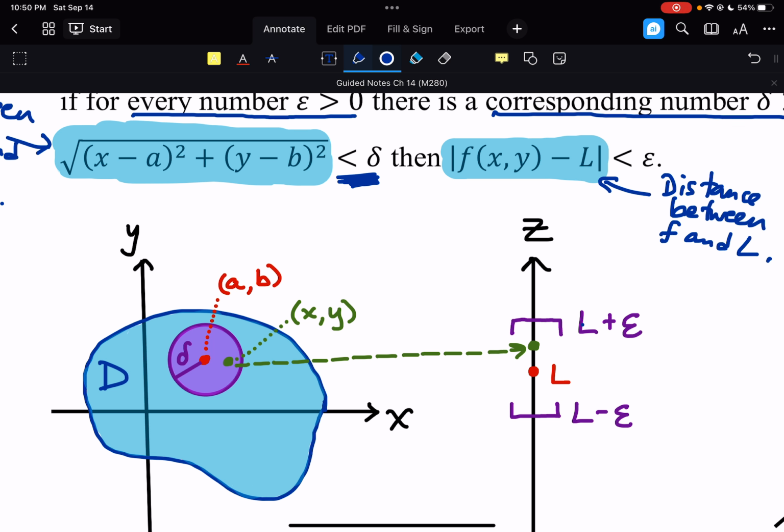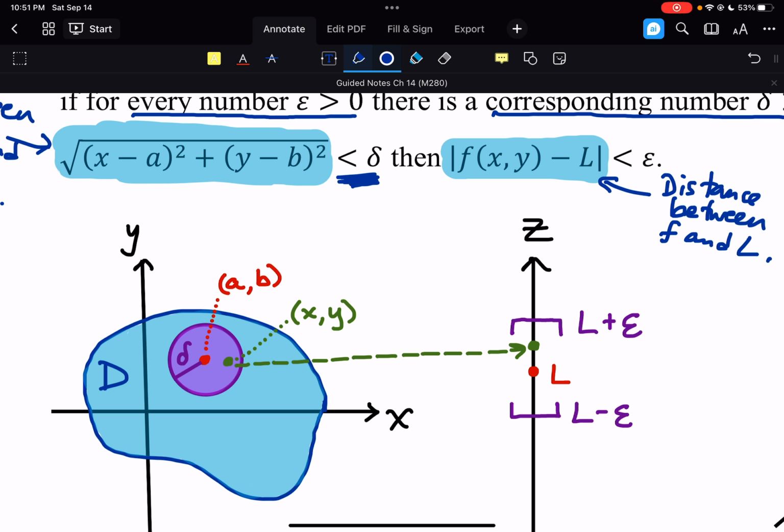The output is within epsilon units of L. So this is L plus epsilon, L minus epsilon. So we're within this region here. And the idea is, if we were going to make this like a game, you would pick an epsilon value. So you would say, okay, I want to know what the limit is. I want to know what L is.